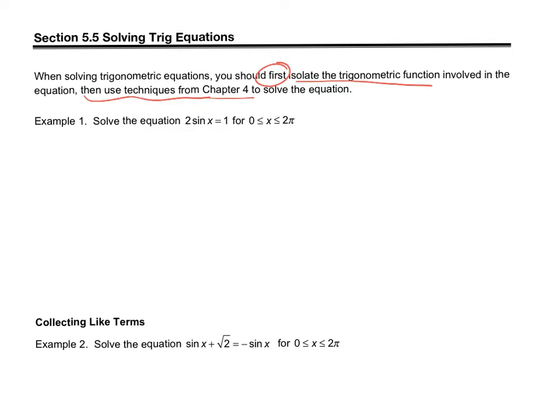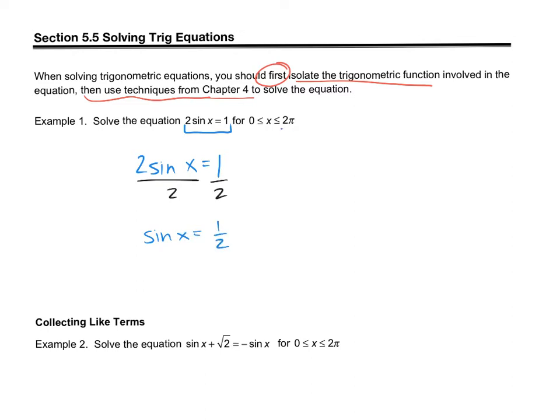Okay, so our equation is 2 sine x equals 1. My first step was to isolate the trig function, so that would be sine of x. So I'm going to divide both sides by 2, and I am left with sine of x equals 1/2.